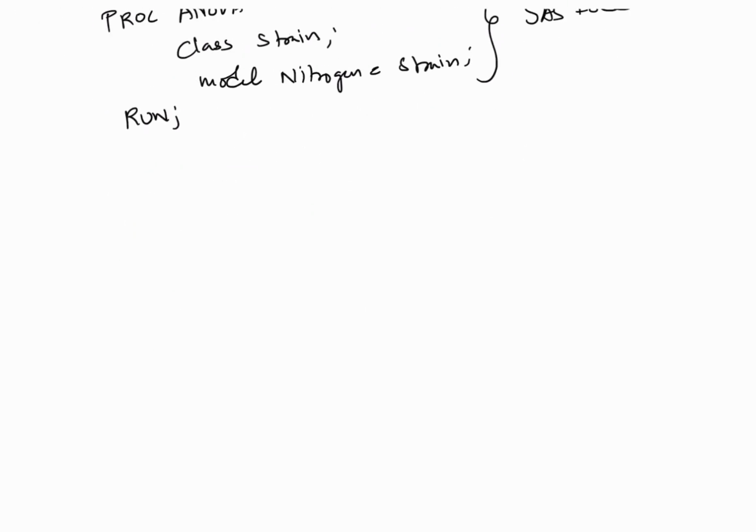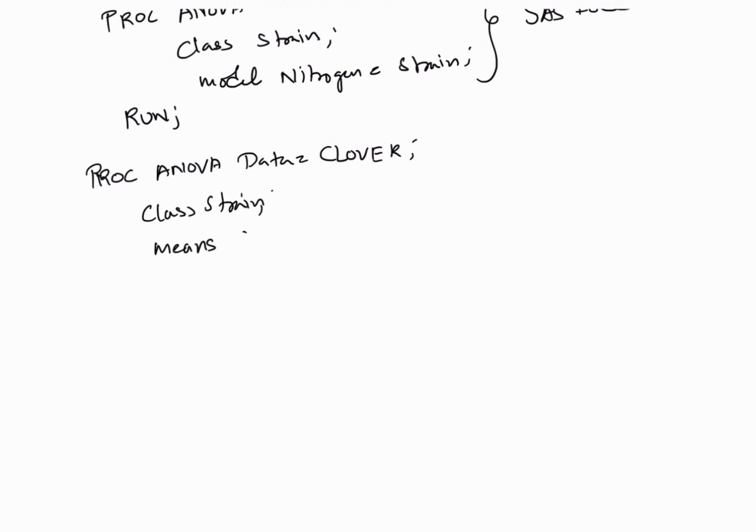The other thing you can write is PROC ANOVA data=clover; class strain; means strain / Tukey; model nitrogen=strain.